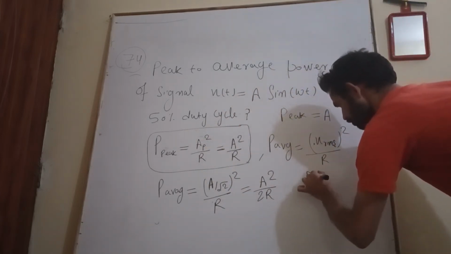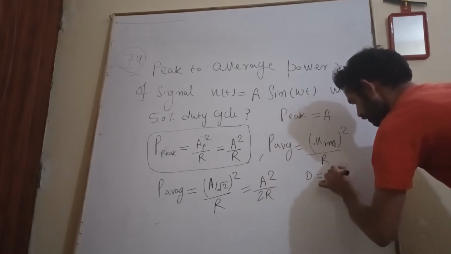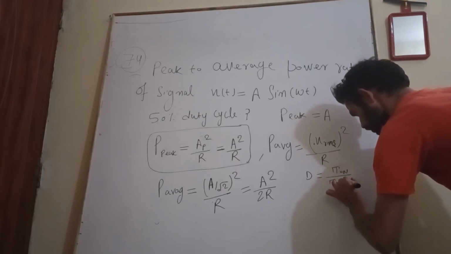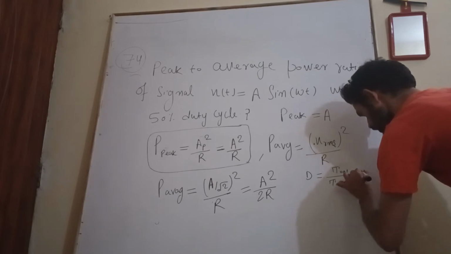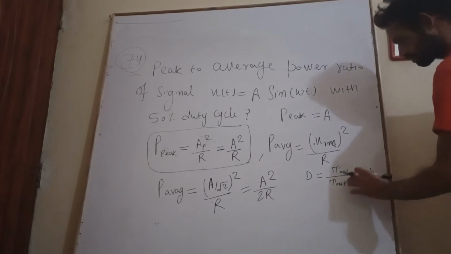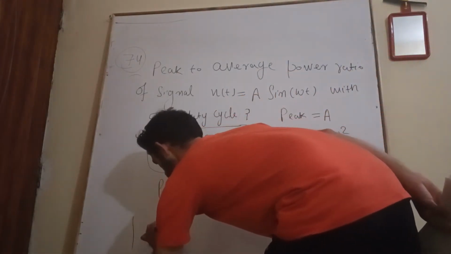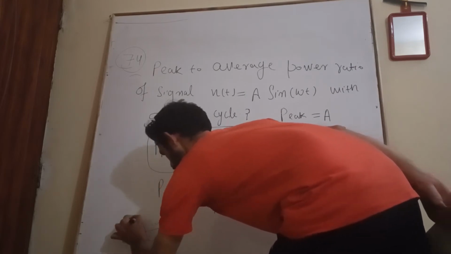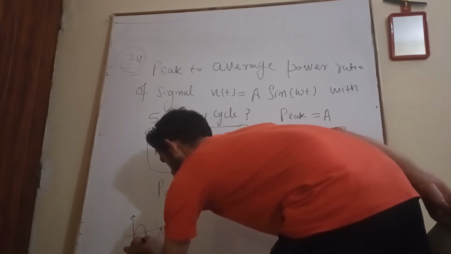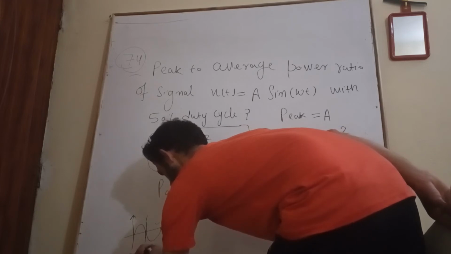50% duty cycle means T on divided by T on plus T off is nothing but 50%, half. Let's say this is my input signal with total time period T, but it is on only for half the period, so this is my T by 2.